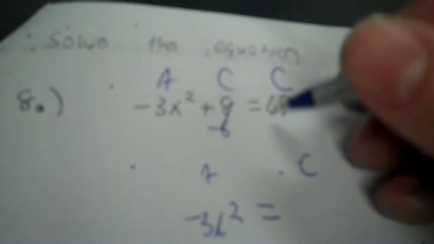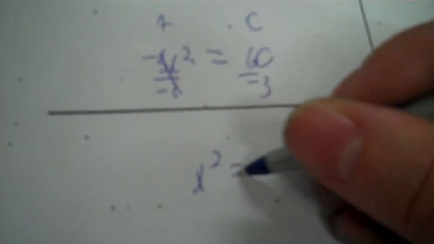Okay, I got a couple quadratic equations to solve where i is going to arise from the solutions. So, 2 answers, A, C. Okay, so you want the A on one side, the C on the other, so negative 3x squared minus 8, you get 60, divide by negative 3, you get negative 20.